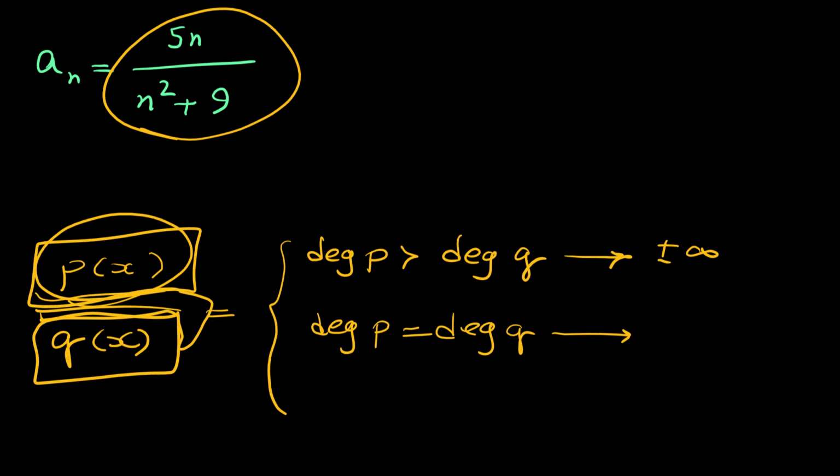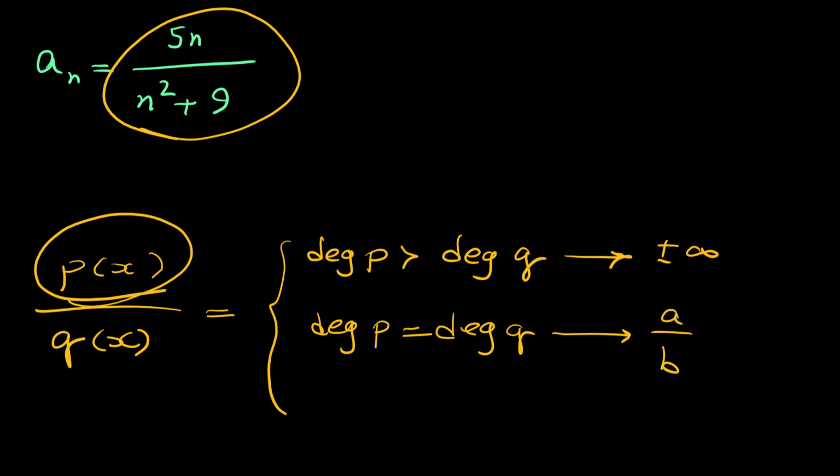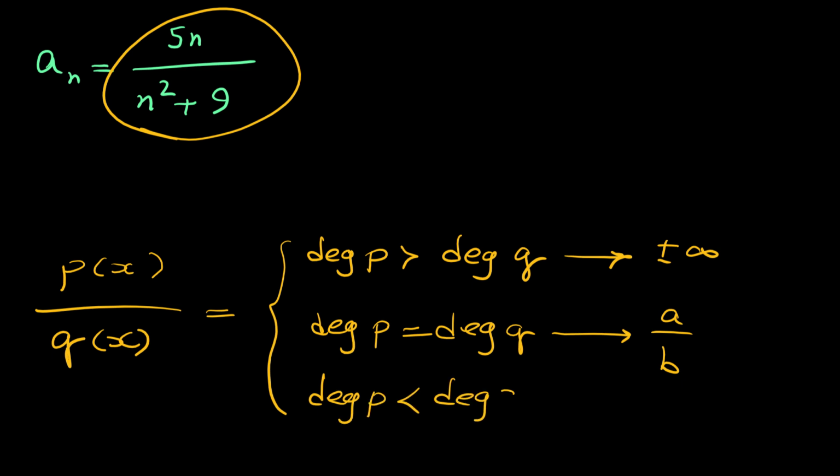I will explain this in a moment. Let me finish this, then I will explain this in detail to you. At the end, if the degree of numerator is less than the degree of denominator, then the limit is 0.